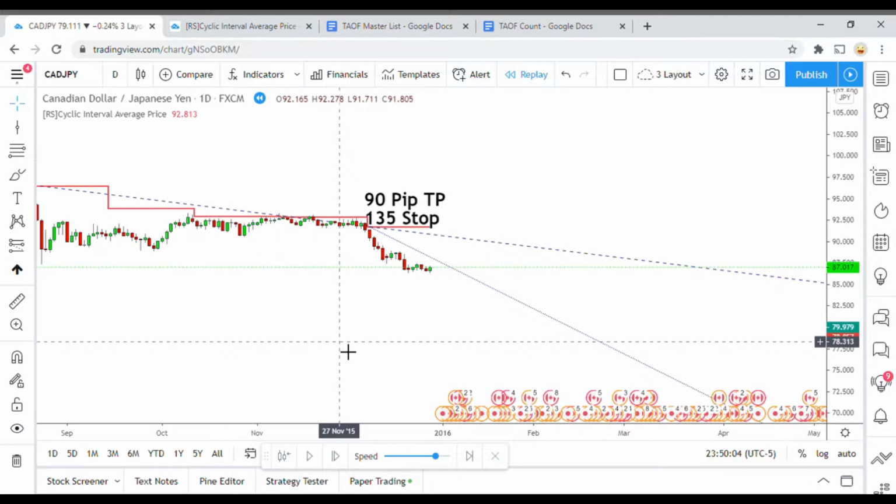But the more I think about it, I think we can do it. And I think we can set some pretty solid rules that tell us when we can and cannot enter, taking away the bias of what could be the subjectiveness of trading it.